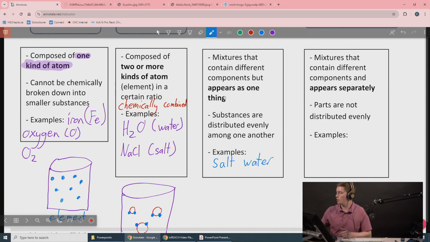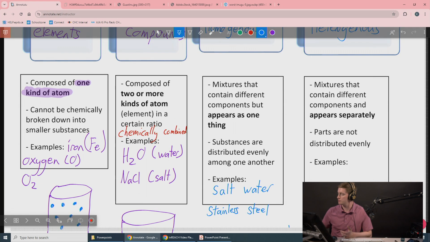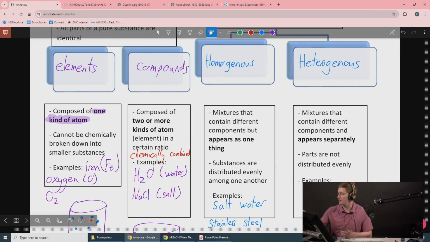So, once again, homogeneous appears as one thing. Salt water is an example. I'll put stainless steel here. I think that's a good example. Doesn't have to be a solution. Heterogeneous mixtures, you can tell that there are different parts to it. They appear separately. If you've got a cup of water and you put some sand in it, you can tell there's different parts.